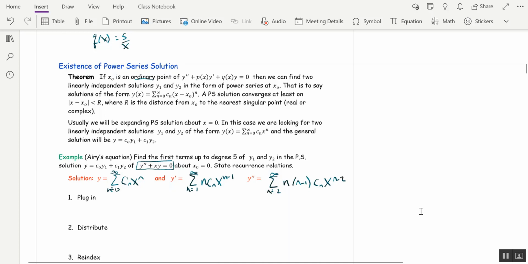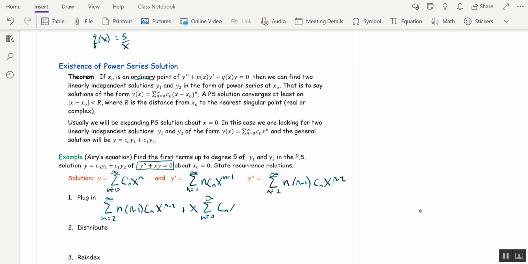Okay, now we plug in, and we're plugging in to the differential equation up here. So we get y double prime, which is the sum, n equals 2 to infinity, n times n minus 1, Cn x to the n minus 2, plus x times y, which is the sum, n equals 0 to infinity, of Cn x to the n.